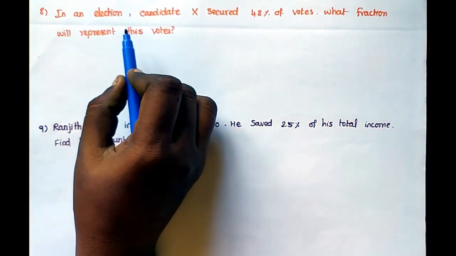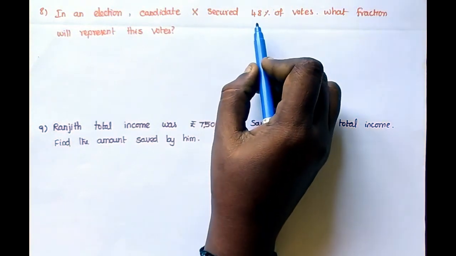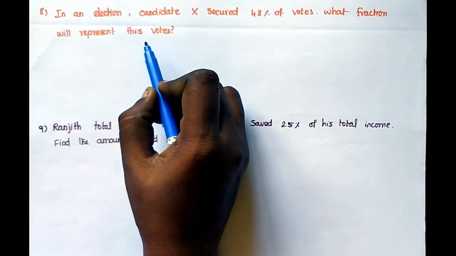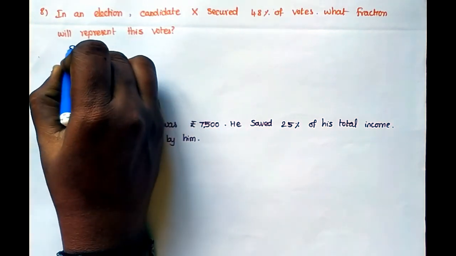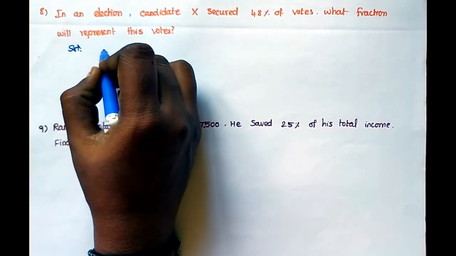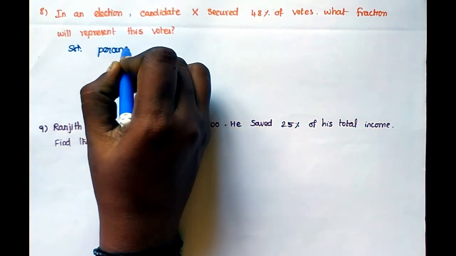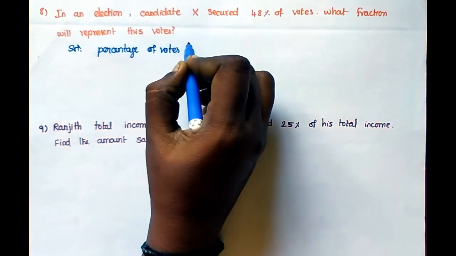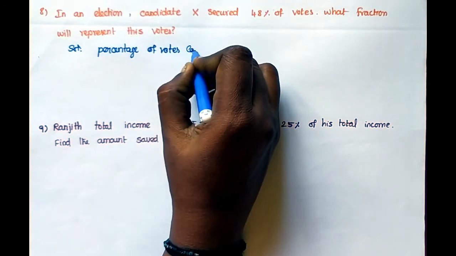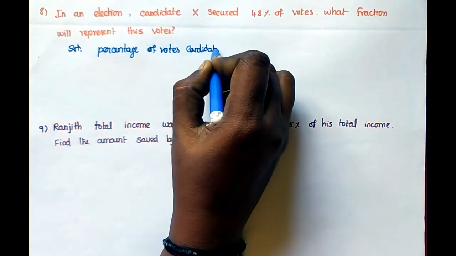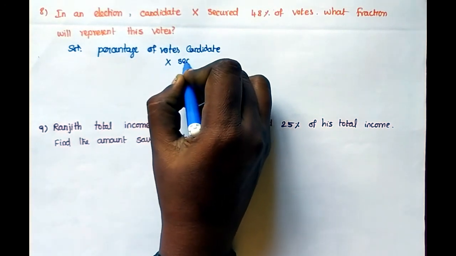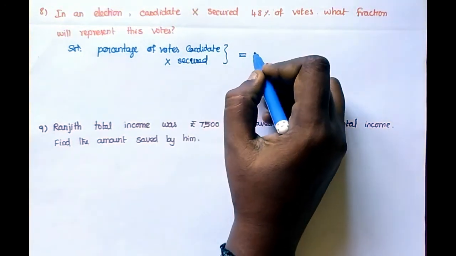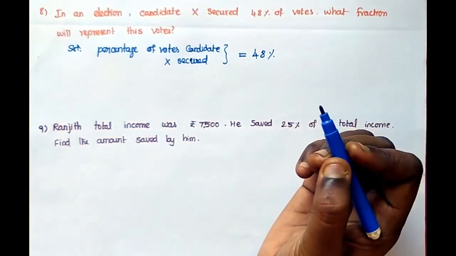Eighth sum, in an election, candidate X secured 48% of votes. What fraction will represent this votes? That is the question. Listen, percentage of votes they gave, that is 48%.